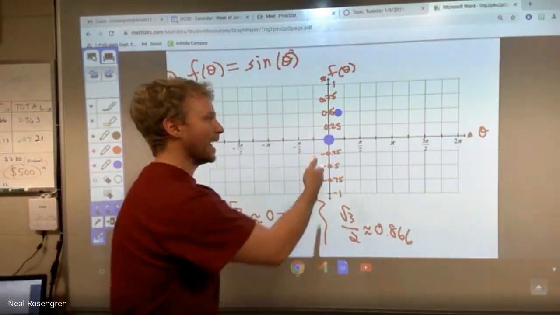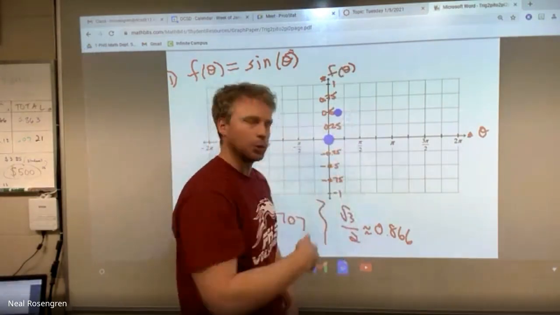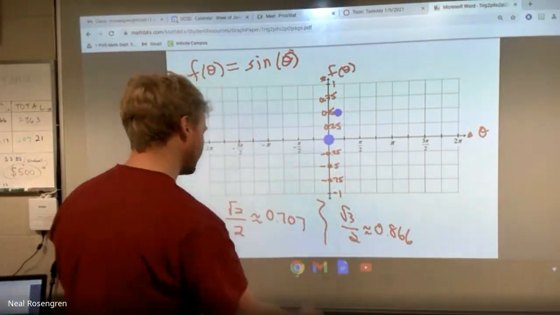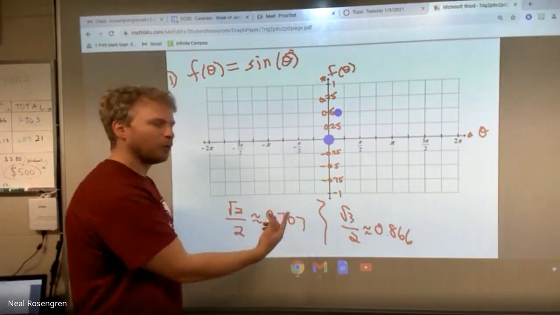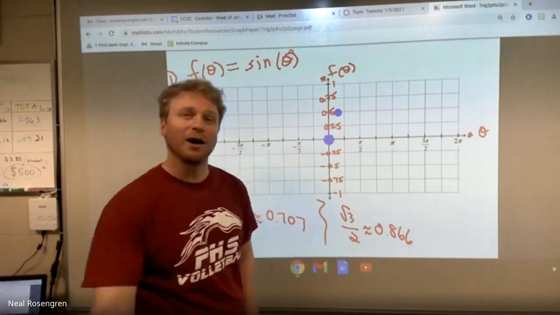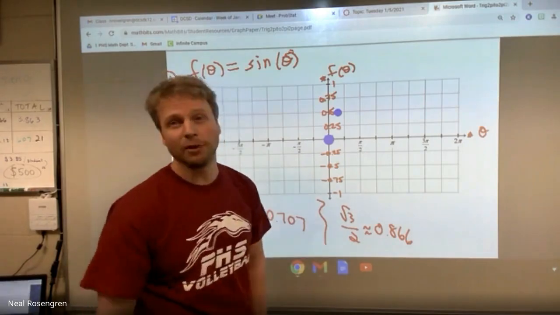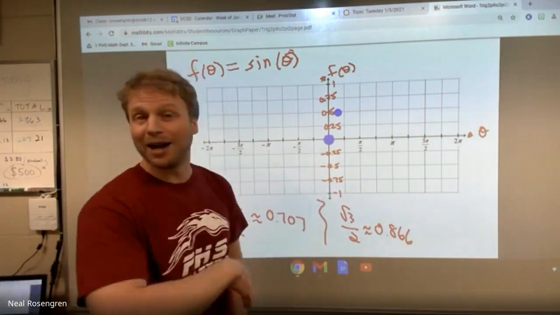Okay, now I can get to actually pi over 4, which is that first actual grid line on this graph. Now pi over 4 has a y value of radical 2 over 2, right? So that 0.707 is about where I want to try to be. Well, I've got a 0.5 and I've got a 0.75. 0.707 is clearly closer to 0.75 than it is to 0.5.